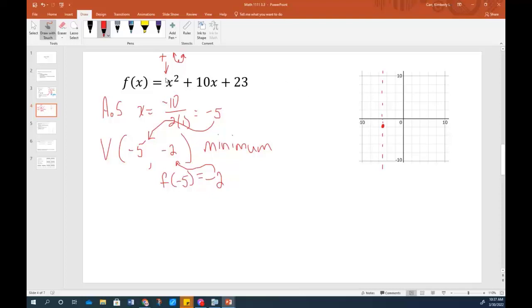So what I do is I use A. It's not a slope, but it's a little bit like a slope. I can use A over 1, like a slope, to find one more point.